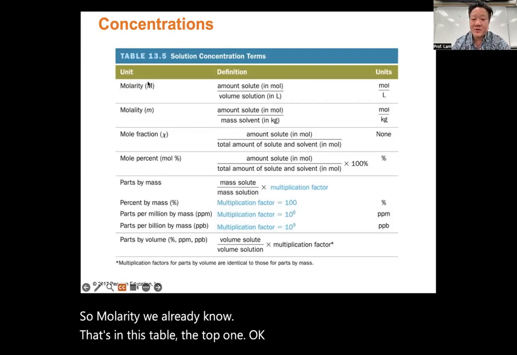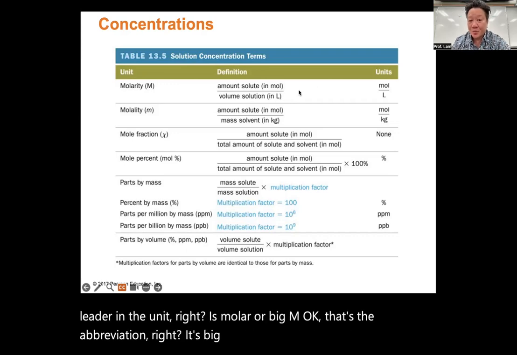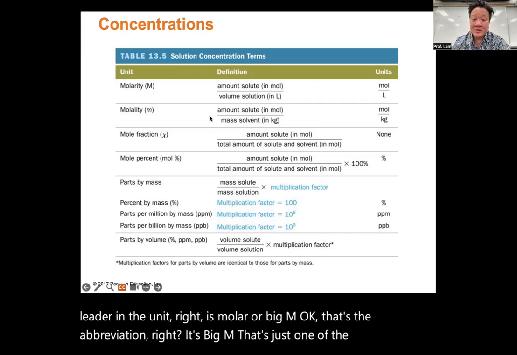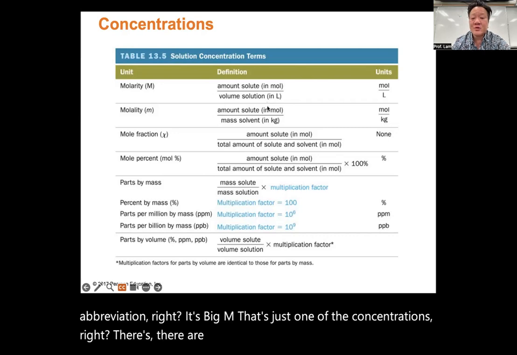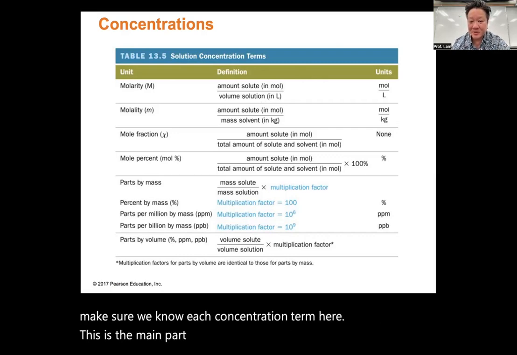Molarity stands for moles over liter, and the unit is molar or big M. That's the abbreviation, big M. That's just one of the concentration units. There are many. So we are going to go through and make sure we know each concentration term here. This is the main part of this last chapter, okay?